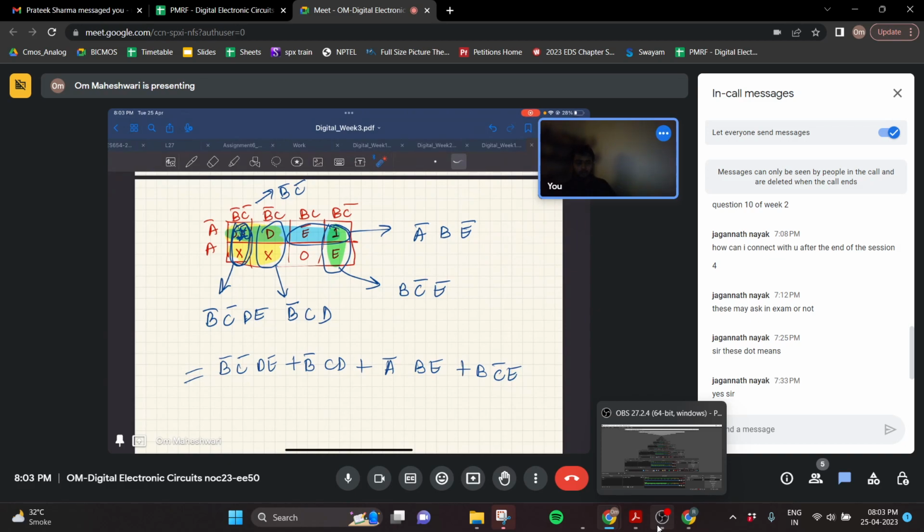Is it getting clear? Yes, sir. Let me give you an example from a truth table. Let's say we have A, B, C, and Y. It is 0 1 1, and the output is 1 here, and another is 0 1 0.